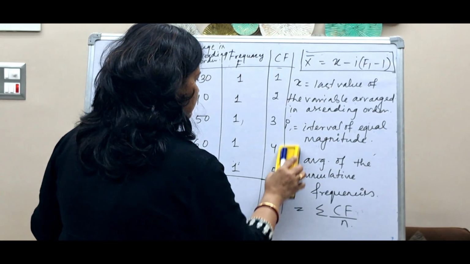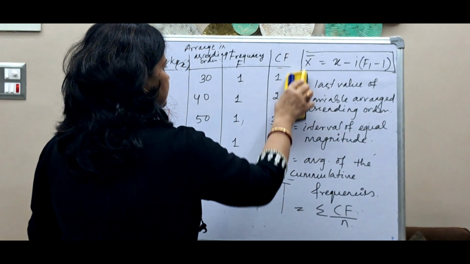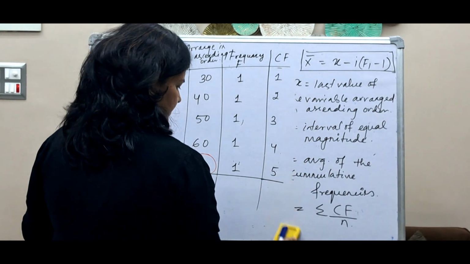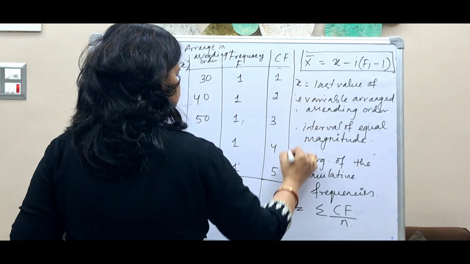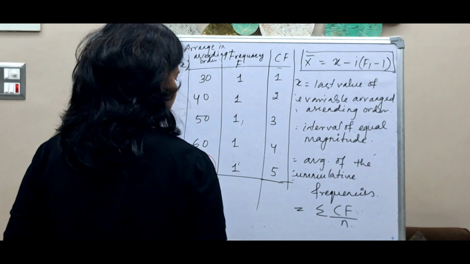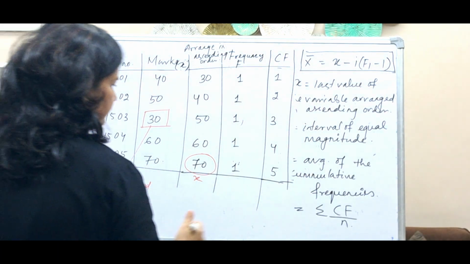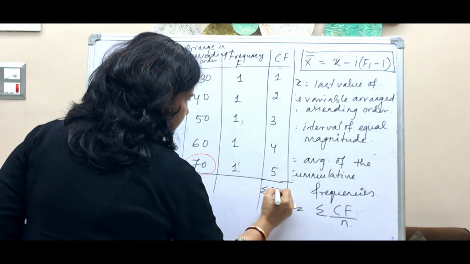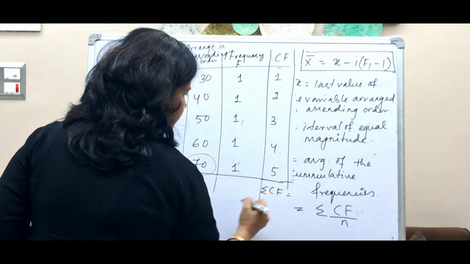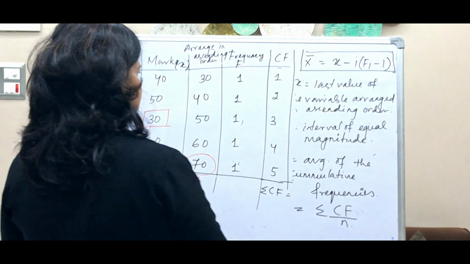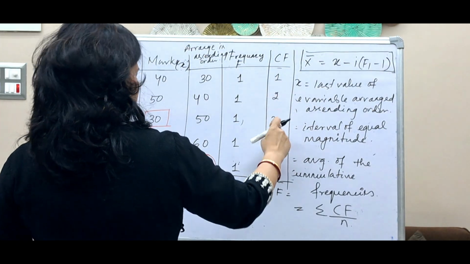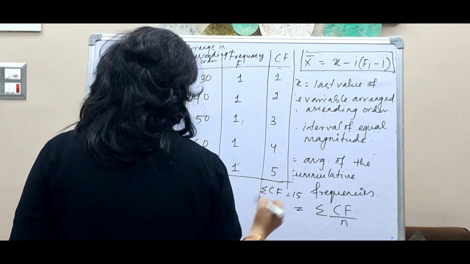Let me erase this so it will be clear. So the sigma of CF equal to 5 plus 4 is 9, 9 plus 1 is 10, 10 plus 5 is 15.